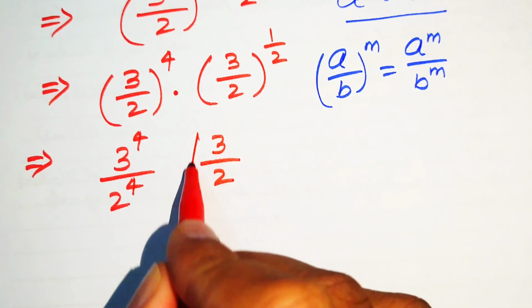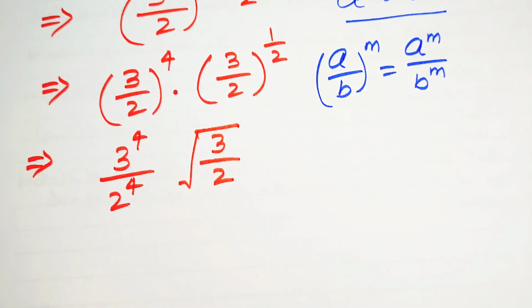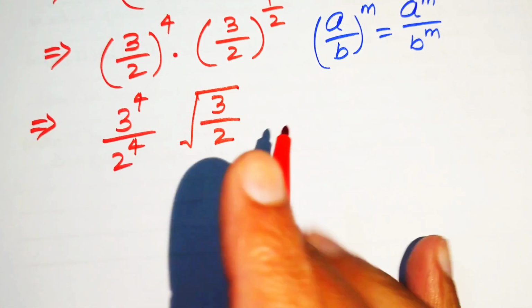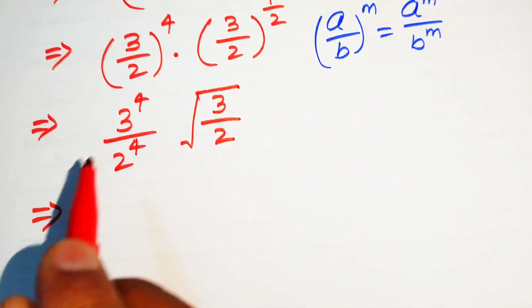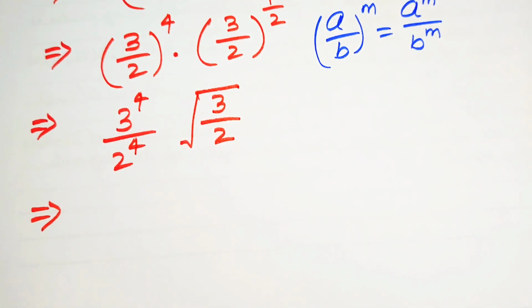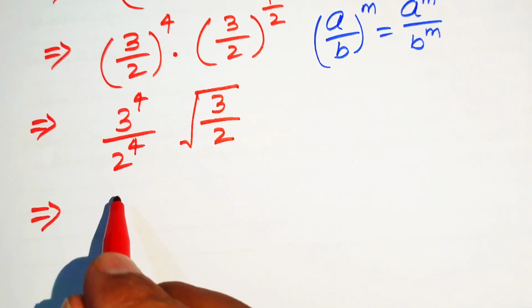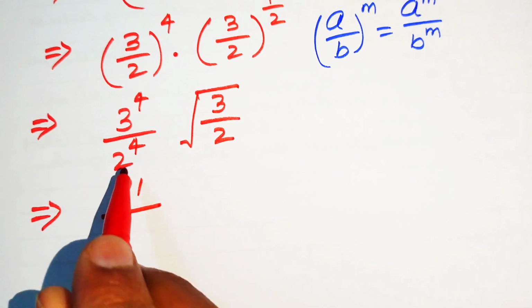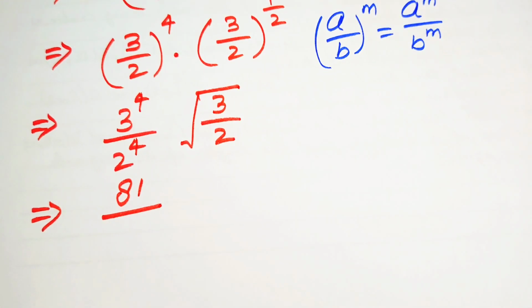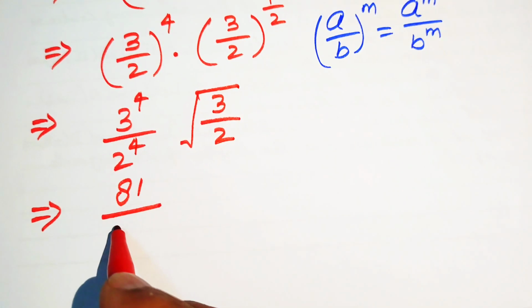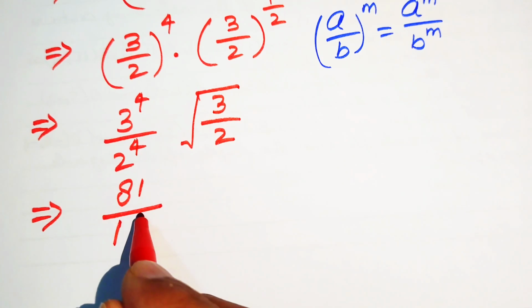Here 3 to the power of 4 is equal to 81, and it is divided by 2 to the power of 4, which is equal to 16.